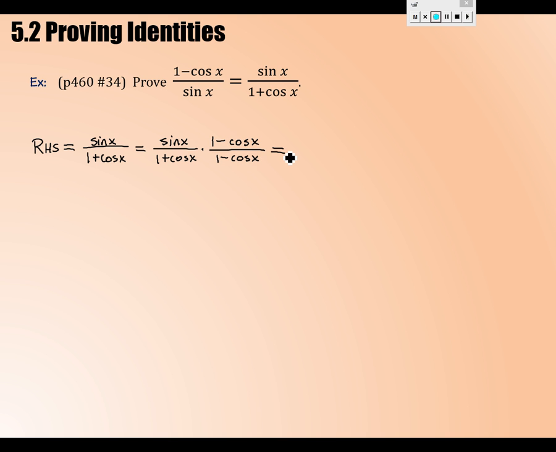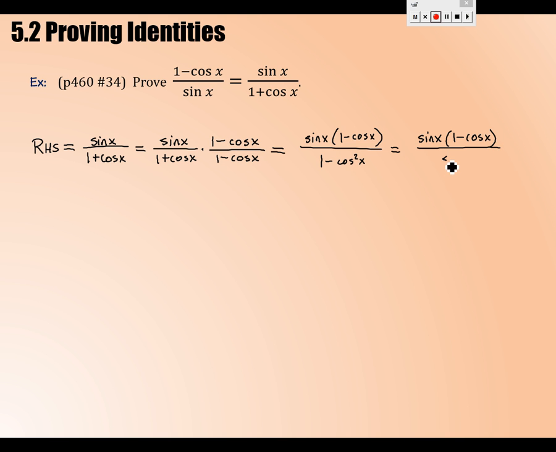Like I said, sometimes these proofs have a key that unlocks them, right? That was it right there. That was the key. So up on top, I have sine x times 1 minus cosine. On the bottom, I have 1 minus cosine squared. Notice I chose to multiply out the bottom, but not the top, because I'm just going to factor it again here in a second.